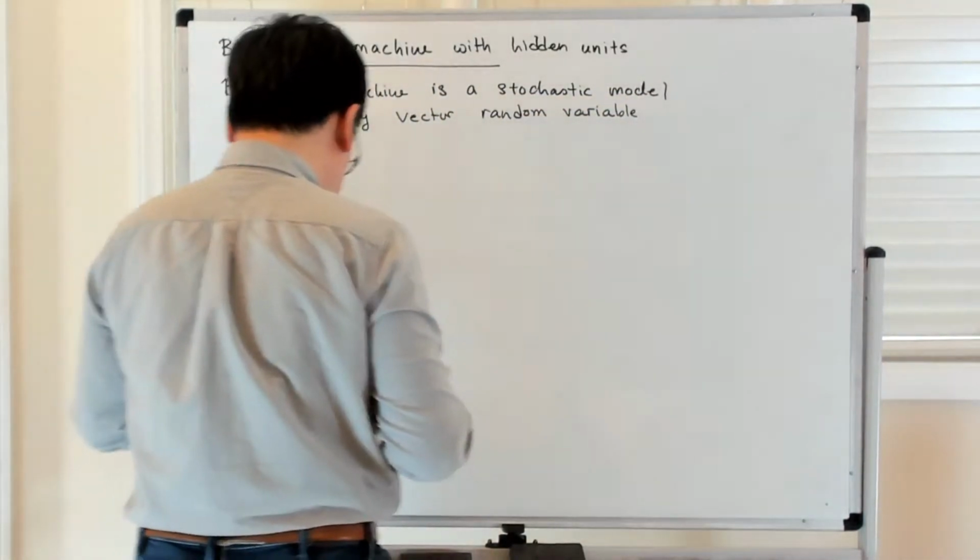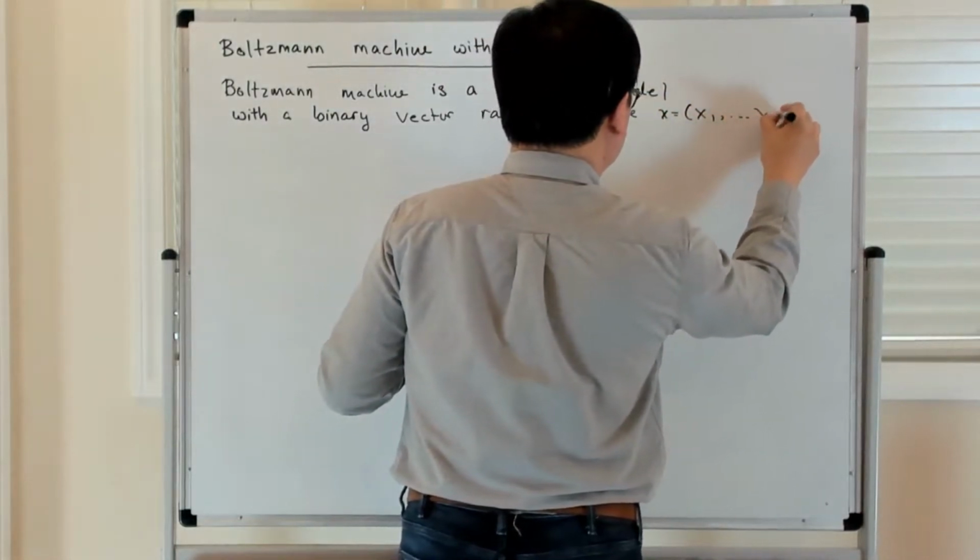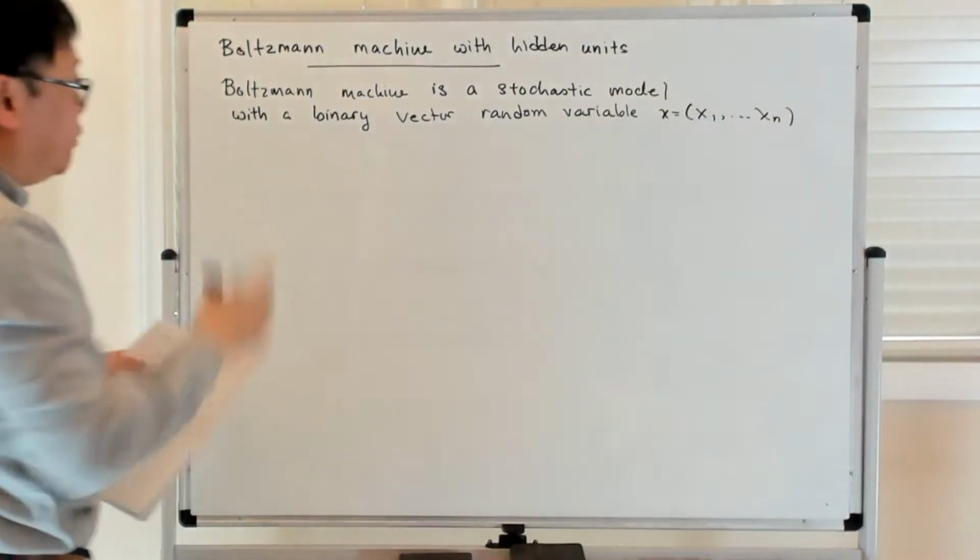So let's say x is x1 to xn, with each of these components being binary, 0 or 1.